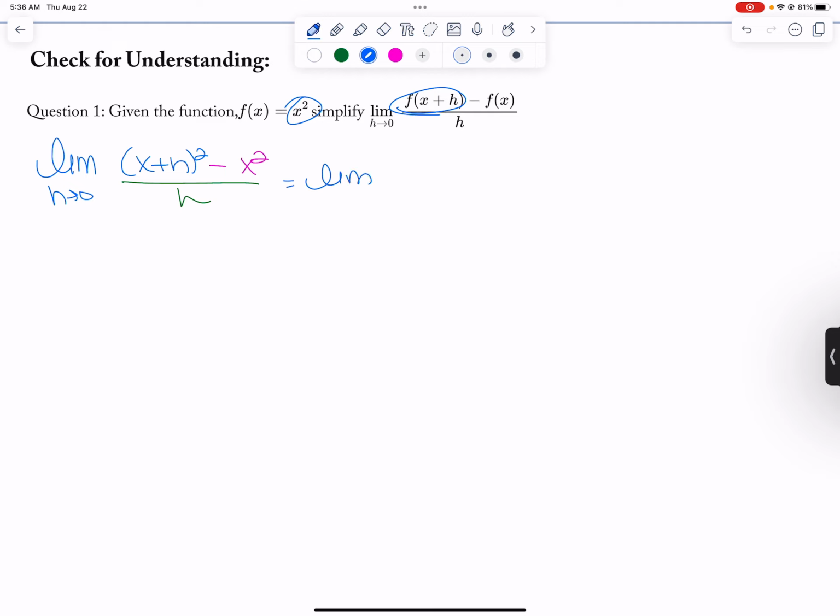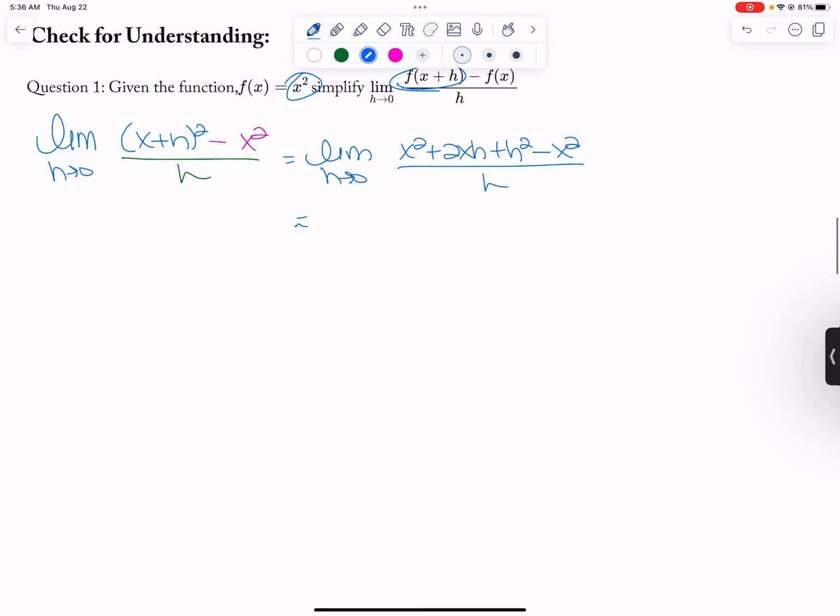So limit as h approaches 0 of x squared plus 2xh plus h squared minus x squared, all over h. My x squareds go away, so 2xh plus h squared over h. Everybody has an h. So that h goes away, that goes away, that goes away.